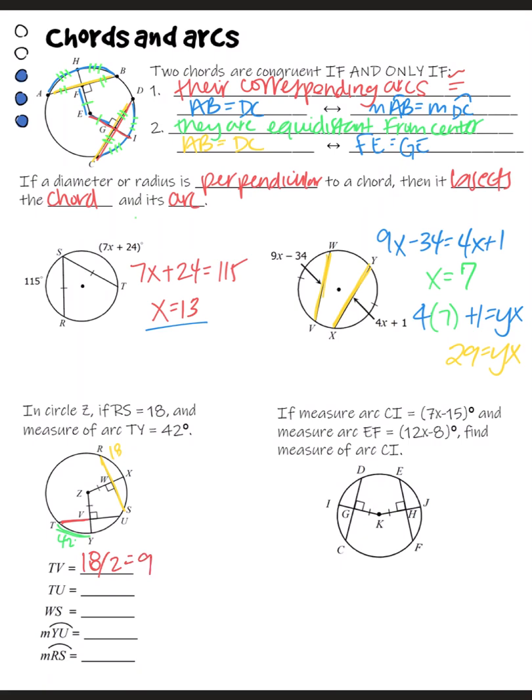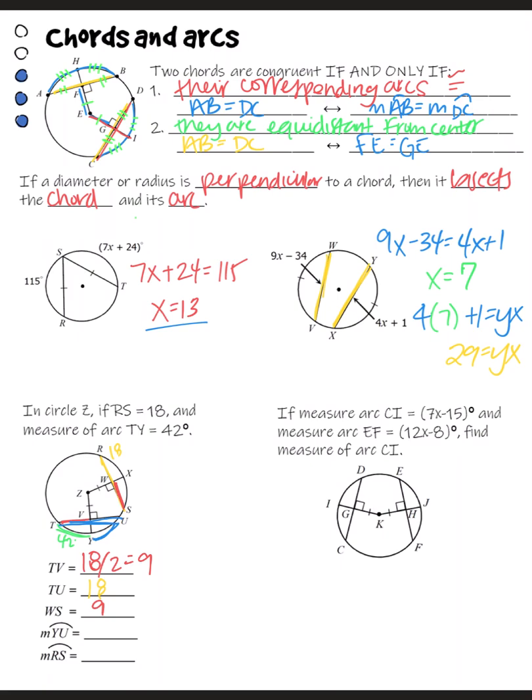All right, so what is TU? We already said that's the same as RS, so it's 18. What is WS? That's the same as TV, 9. WS is this one right here. All right, what is the measure of arc YU?